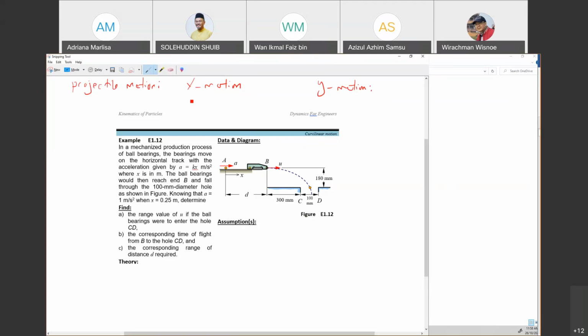So we have here, when we are dealing with projectile, we have this equation X double dot is 0. Then we have Vx, and then we have Vy.